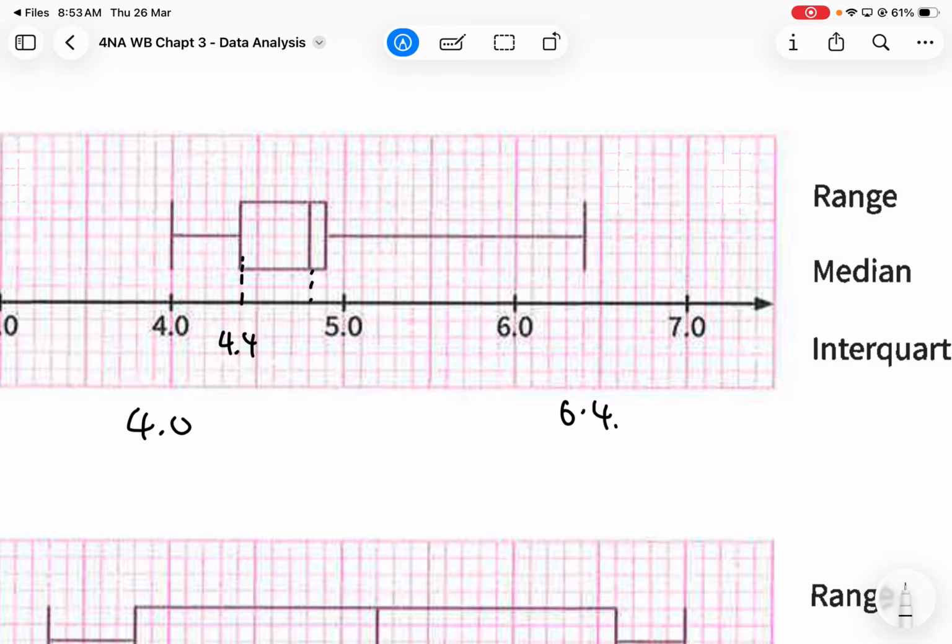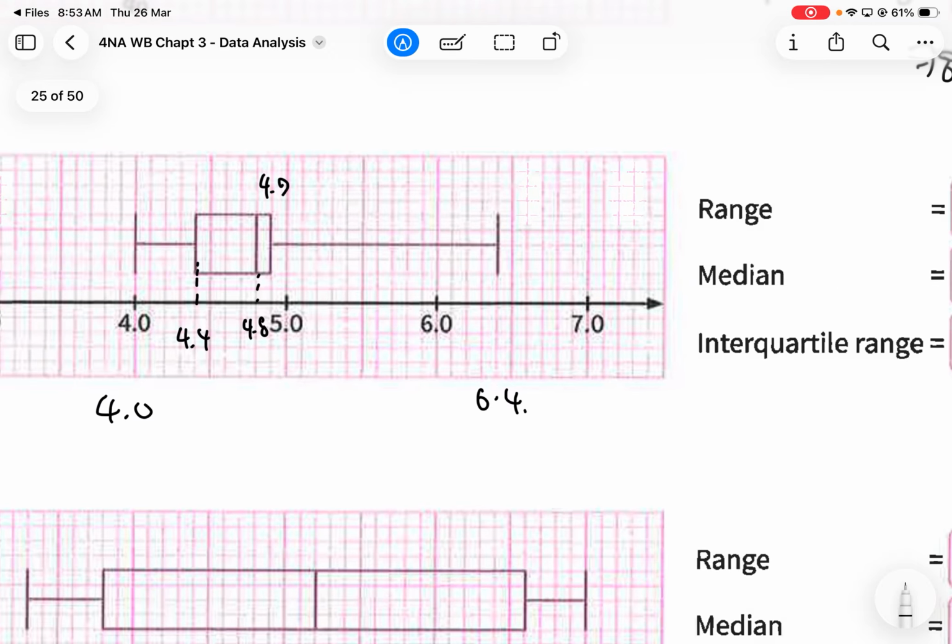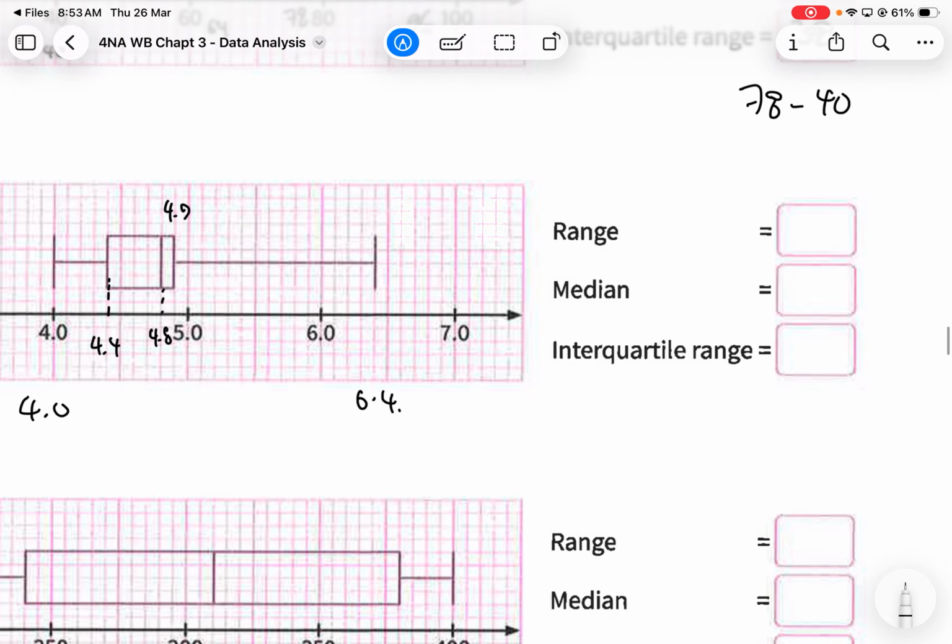Here is 4.8. Here is 4.9. Range, maximum minus minimum, 2.4. Median 4.8. Interquartile range 4.9 minus 4.4, 0.5.